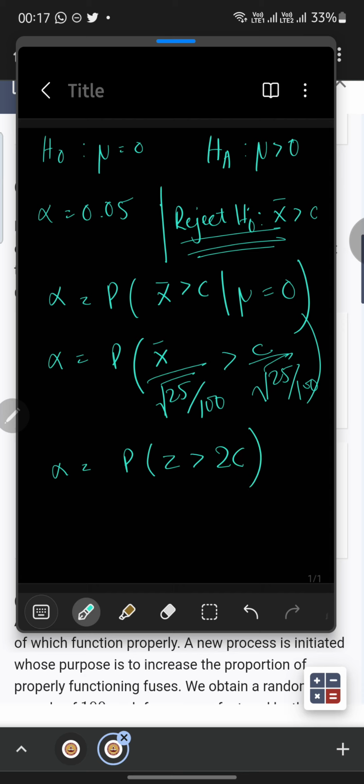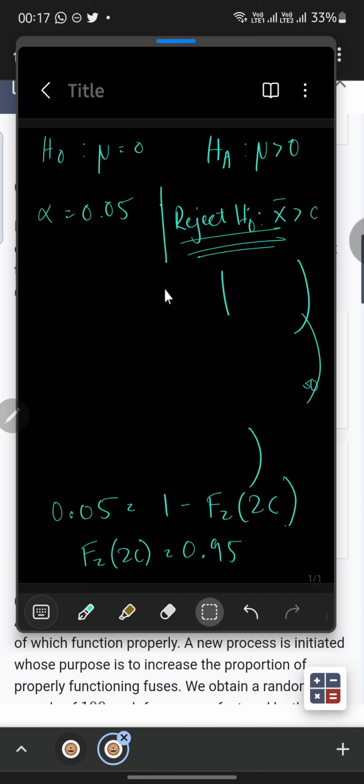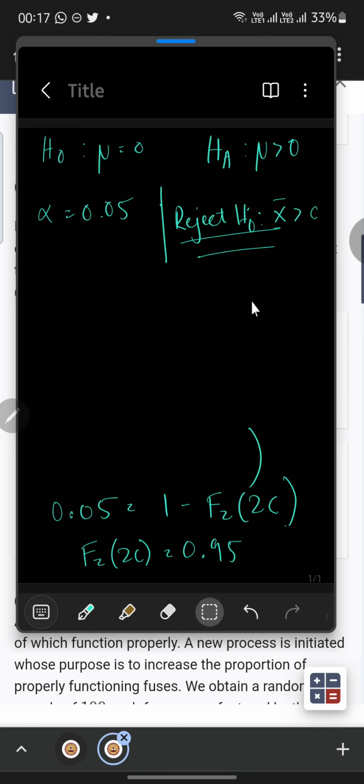So okay, perfect. For that, 0.05 will be equal to 1 minus Fz of 2c, and here we will be getting Fz of 2c equals 0.95.